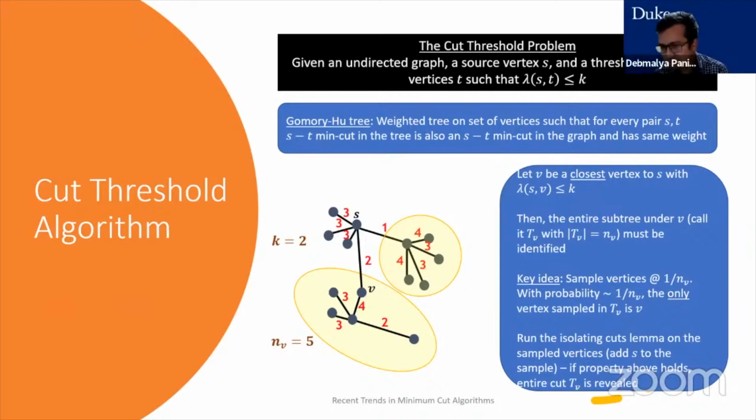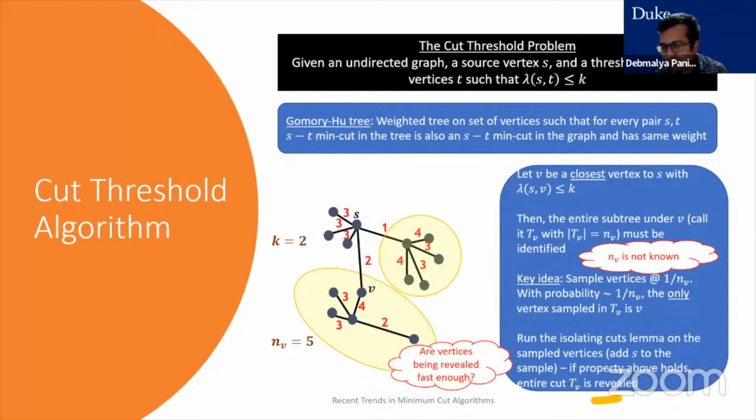All right, so this should raise two red flags. The first is that we don't know the value of n sub v. Of course, this is something that we have encountered a bunch of times, and as usual, this is not the bigger concern. But really the big concern is, are we revealing vertices fast enough? Remember, the probability that I will choose precisely v in my sample is not very high.